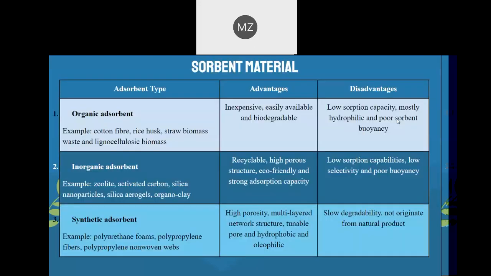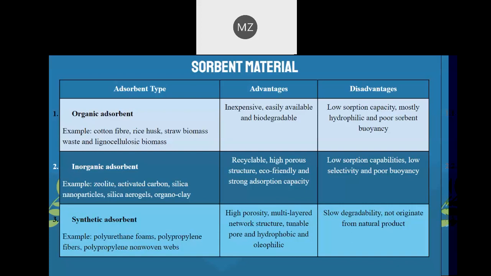Examples of organic sorbent materials are rice hulls, straw biomass waste, and lignocellulosic biomass. Meanwhile, inorganic materials include zeolite, activated carbon, and aerogels, and synthetic adsorbents include polyurethane foams and polypropylene fibers. The natural sorbents are advantageous in terms of cost, being inexpensive with high biodegradability.